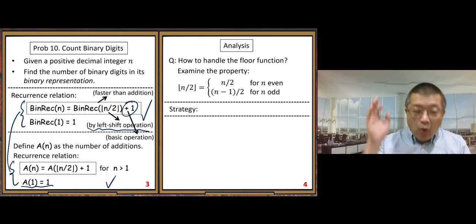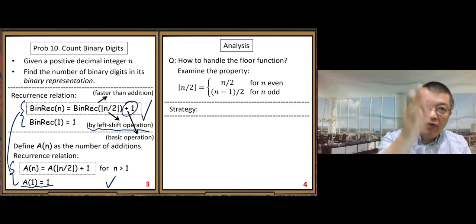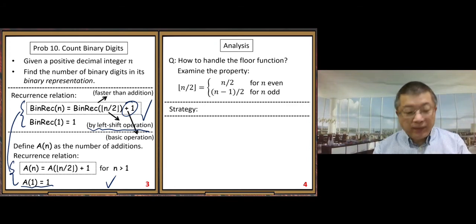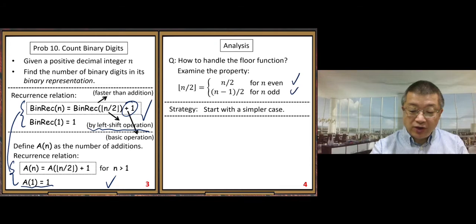Next, when we try to solve the recurrence relation, we take one strategy we frequently use. What's that? Start with a simpler case. Here we have 2 cases. Which one is simpler?